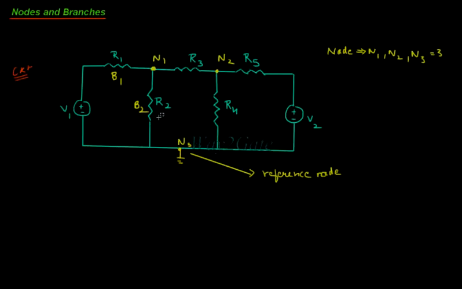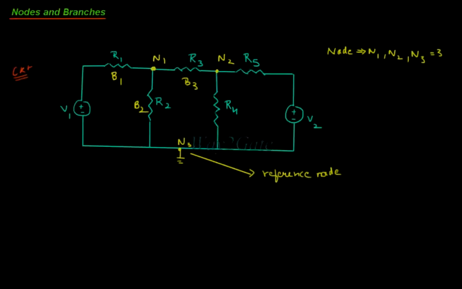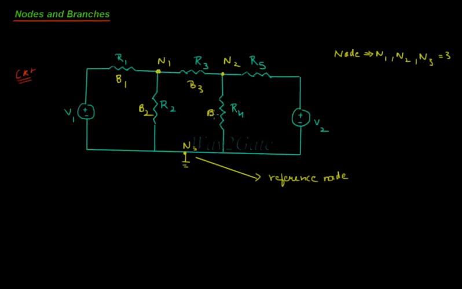Between N1 and N2, we have only branch B3 that includes only R3. Similarly, between N2 and N3, we have branches B4 and B5. Here, the total number of branches is equal to 5.